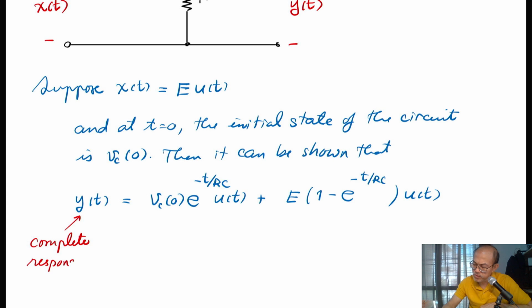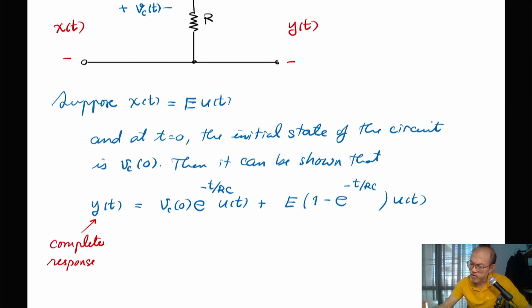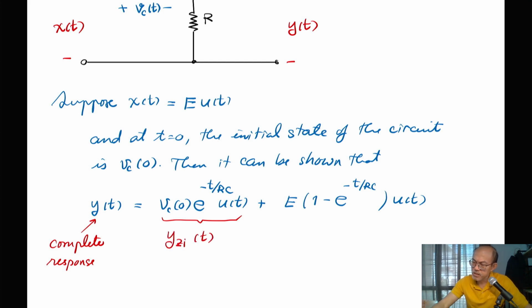It is a total response. It is a real response. It is a real output from the circuit. Now, this part will be the zero input response, because this part is a function of only the initial state.